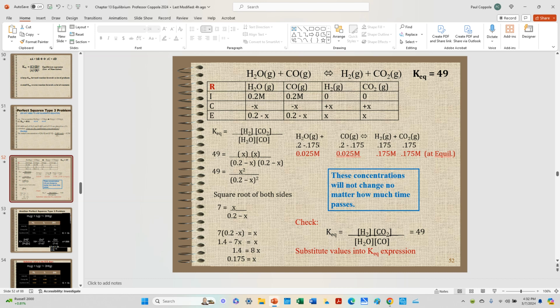Start with 0.2 minus 0.175, we get that number. The same thing here, and over here X is 0.175, so we get 0.175, 0.175. And if you wanted to double check you did it right, all you do is put these numbers into this equation and you will get 49.